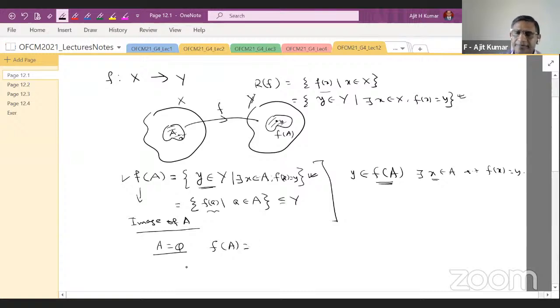What will be the image of an empty set? If you have understood the definition, it should be easy.